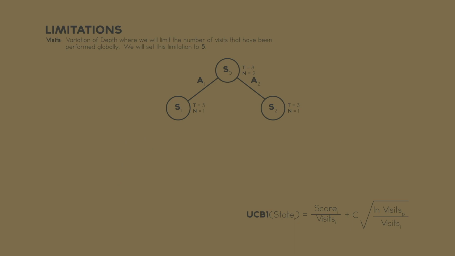S1 is a leaf node, and S1 has a visit count of 1. The expansion process is performed for S1, resulting in new states S3 and S4. The first child node is chosen, S3, for a rollout. The rollout value results in 7, and backpropagation is performed, all the way up the tree.